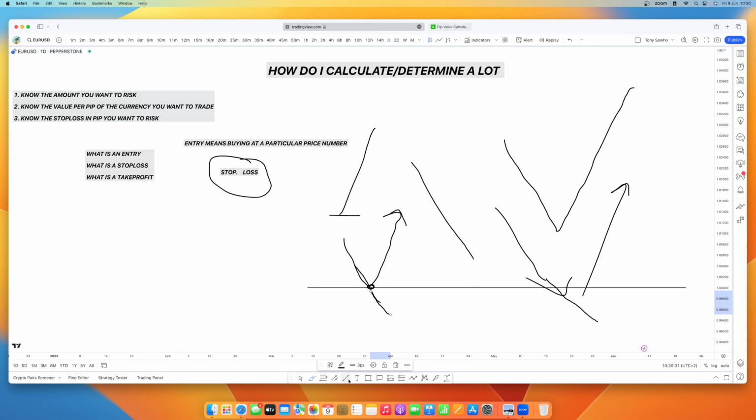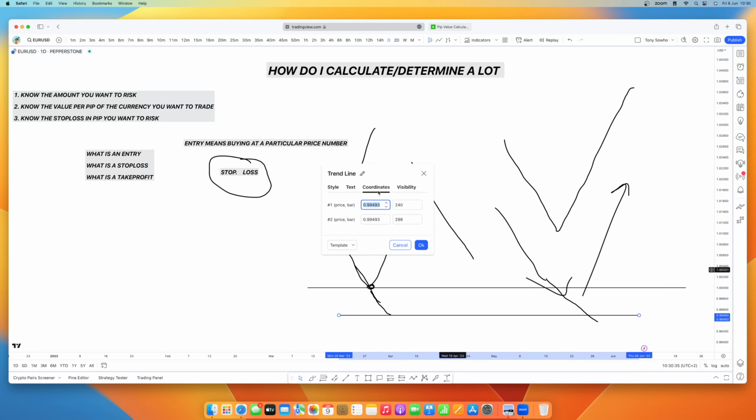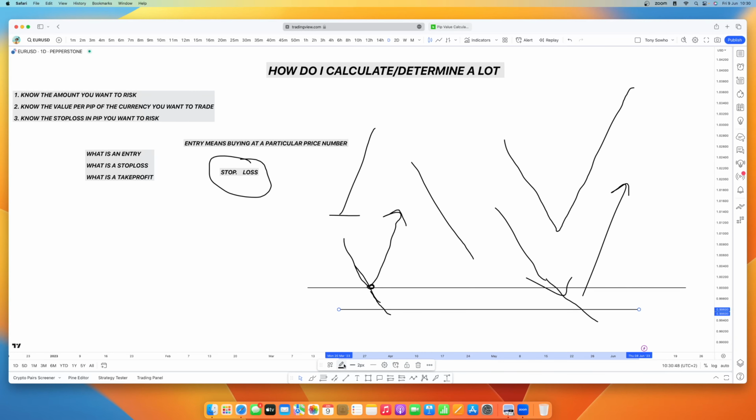So let's say 0.9960 now. And then we make this red. So what that means is I've told my broker that I've initiated a stop loss order that if this continues to sell down, please stop me out.